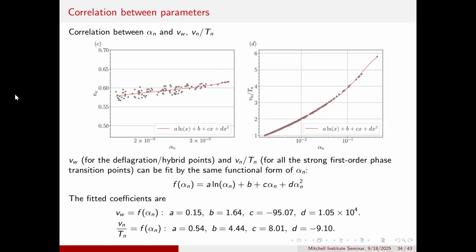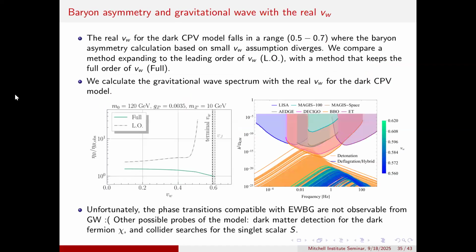Not surprisingly, alpha n and vn over Tn are positively correlated, and VW as well. What's interesting is that both of them could be fit by the same functional form of alpha n with different coefficients. So this could be potentially useful for future baryogenesis calculations.